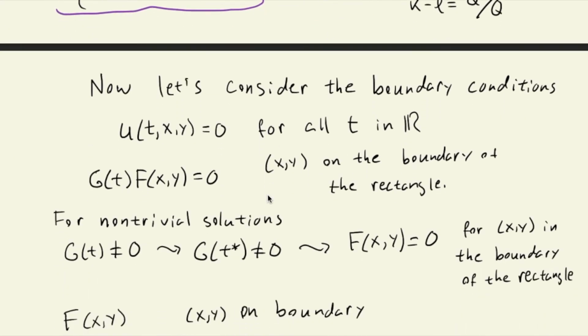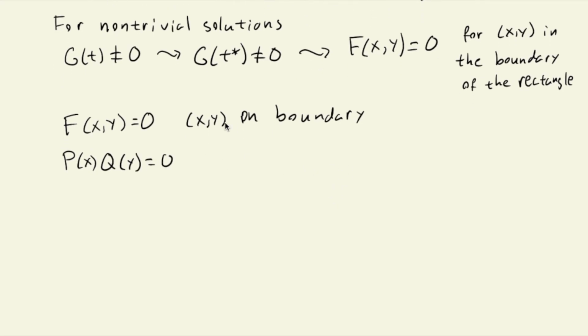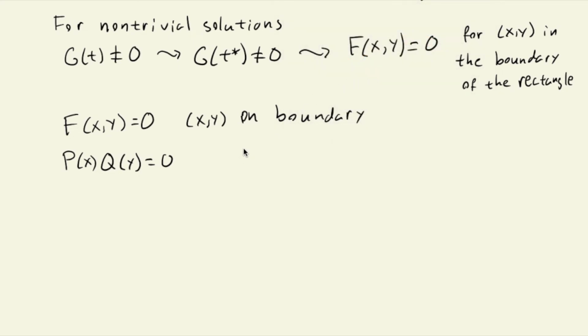So we need to understand how this function f being equal to 0 will affect p and q. So this means that p times q is equal to 0 for x and y on the boundary. And we need to break up the components of the boundary to analyze this a little bit better. So let me remind you, the boundary has points of the form when x is equal to 0.